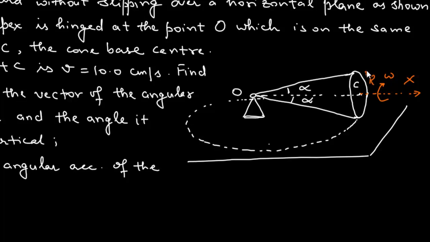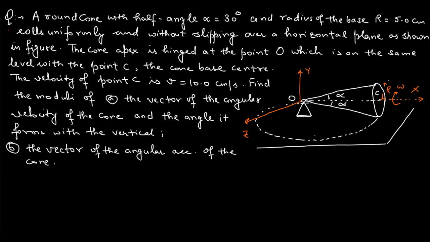This point C and this point O are at the same level, and let this be the y-axis and this the z-axis. Clear? Now this is rolling on this plane. Suppose that it has a velocity in this direction.